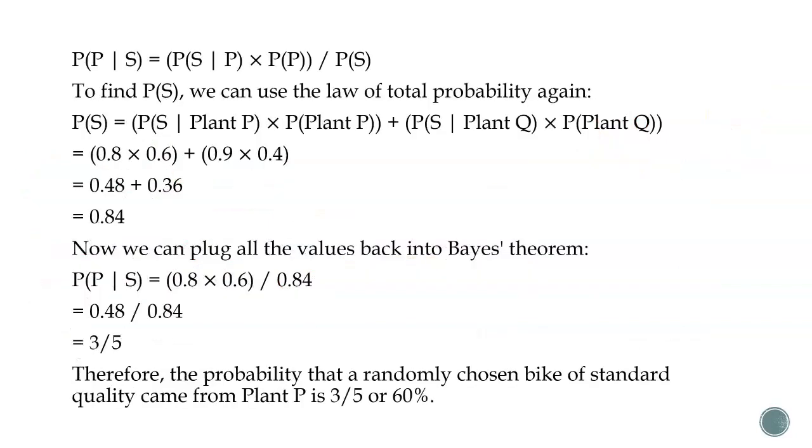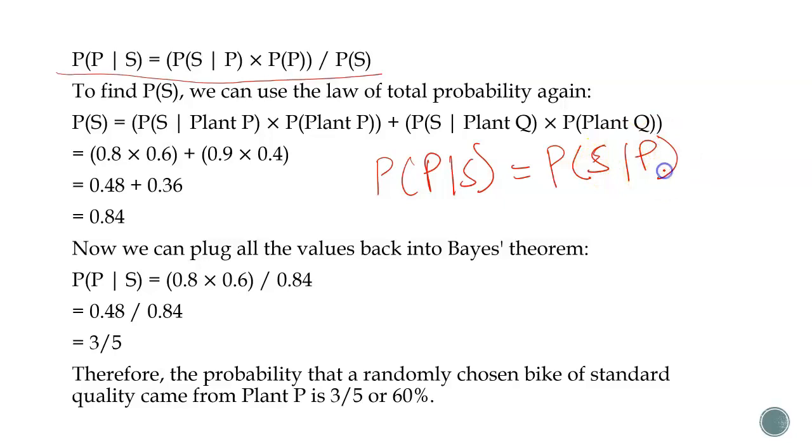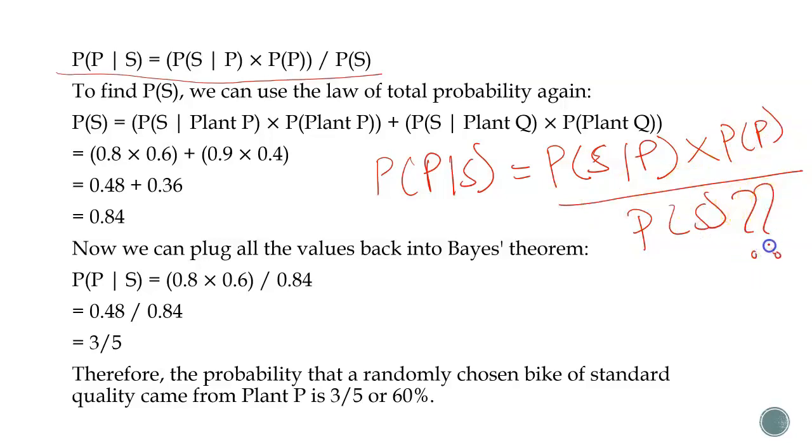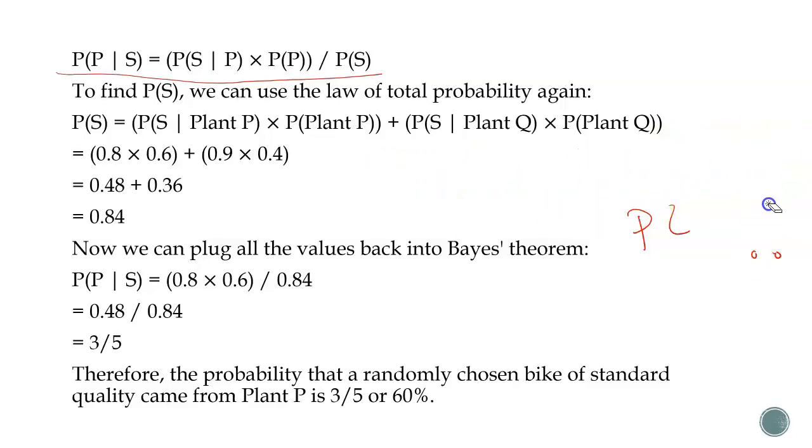We can say that the probability of plant P given S will be the opposite: S given P times the probability of P, over the probability of S. So how did we arrive at this? Let's try to illustrate how we arrived at this.